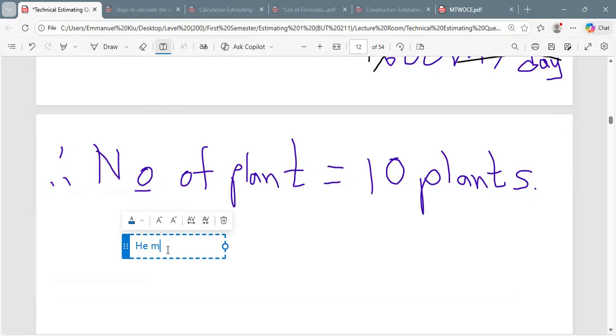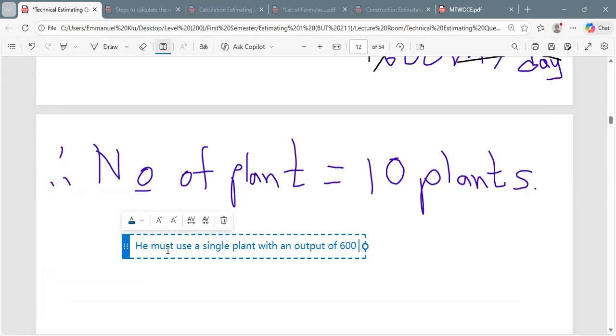He must use a single plant with an output of 600 meters squared per day. Don't worry, I'll fix the meter squared there later.